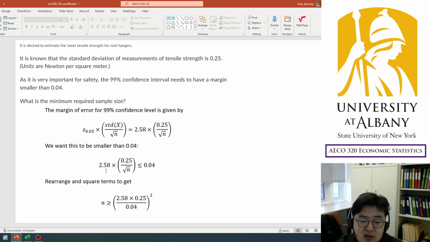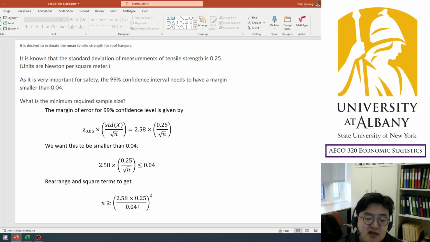Anyhow, the inequality goes like this. Rearrange, move the square root of n to the other side, and divide by 0.04 on both sides, and then square to remove the square root on n, and then you get this. It is easy to calculate.